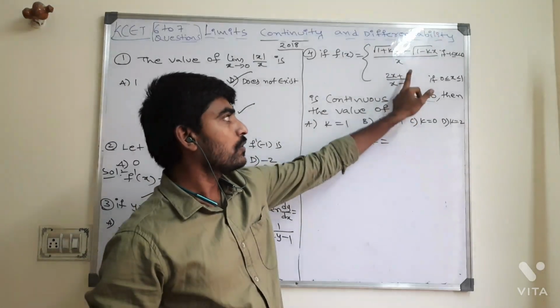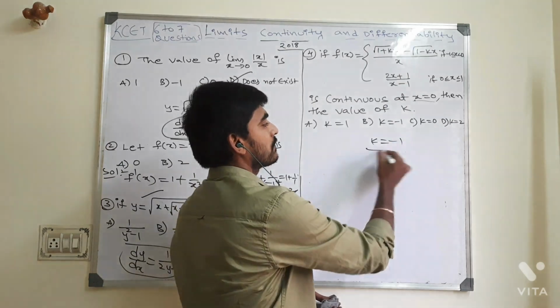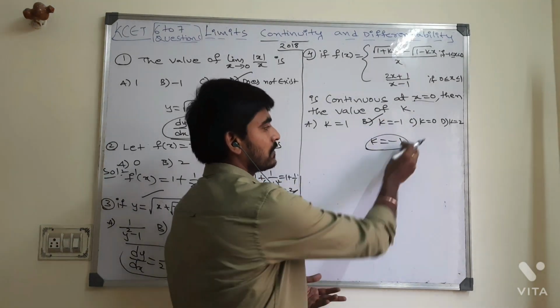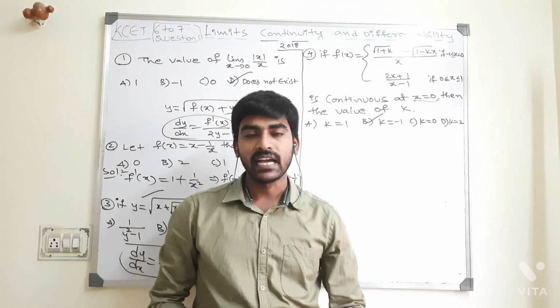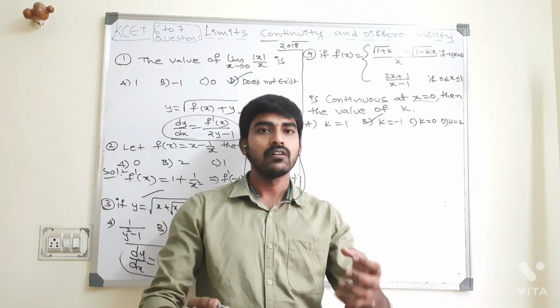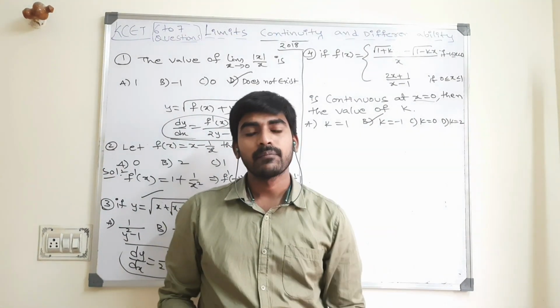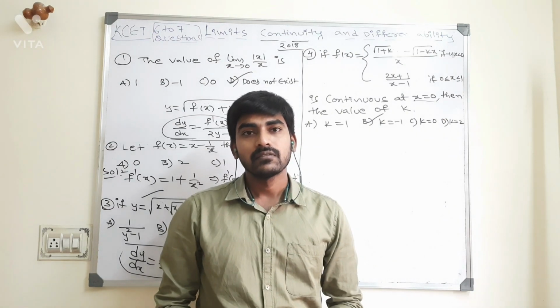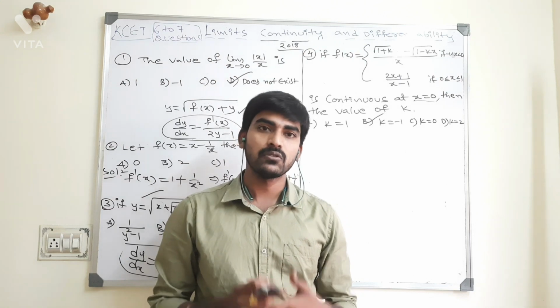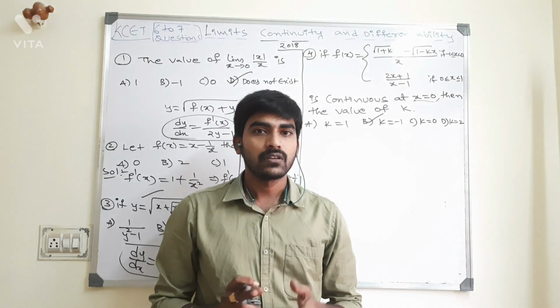So 1 by minus 1 is minus 1. Option B. That's it. I am not taking more than 1 minute. I need to explain to you all, so I am taking some time. You should become like that. By practicing more questions, you can also become very strong in maths.